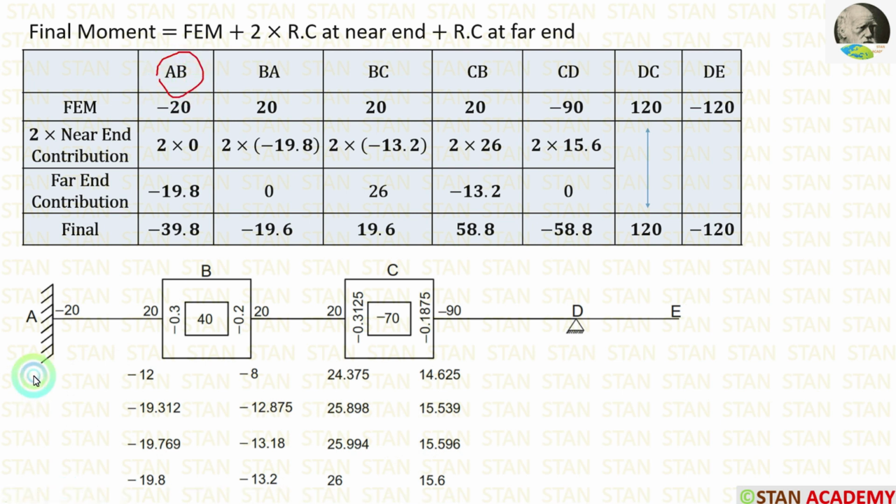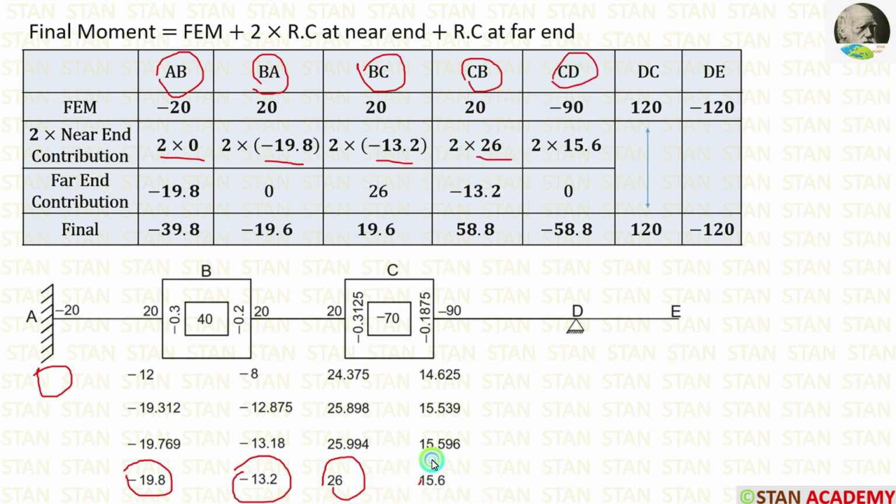For AB, the near end contribution is 0, so 2 into 0. For BA, the near end contribution is minus 19.8. For BC, the near end contribution is minus 13.2. For CB, the near end contribution is 26. For CD, the near end contribution is 15.6.